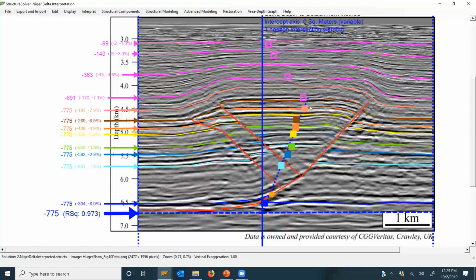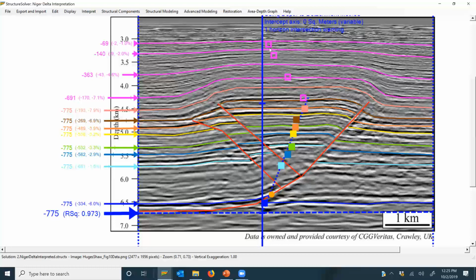As long as we have enough pre-growth to define that linear trend, we can compute the displacement on the structure. In this case, it's about 175 meters of shortening along that detachment. You can see that the growth horizons then have a computed amount of displacement for each of those horizons.